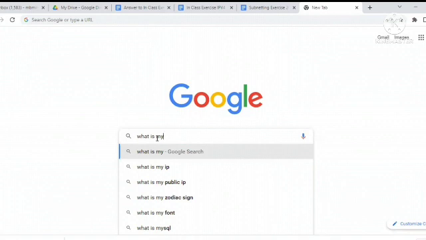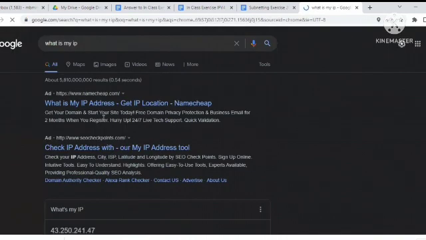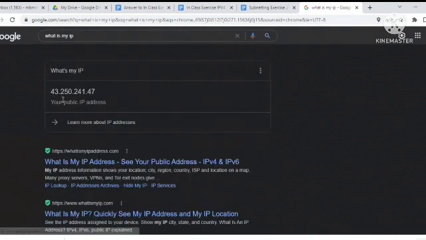Type what is my IP, click here, and you will get it. This is my public IP. You see, 43.250.241.47. Note it down. You see the difference between my private IP and the public IP.